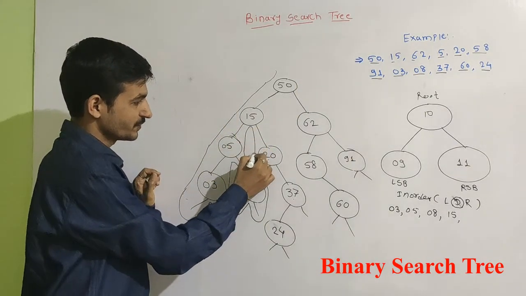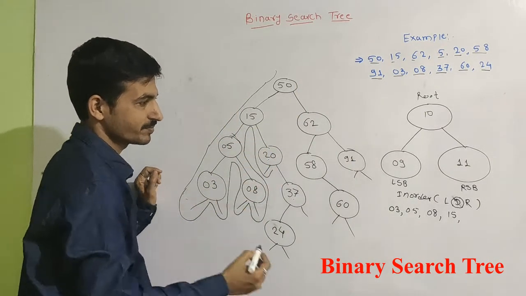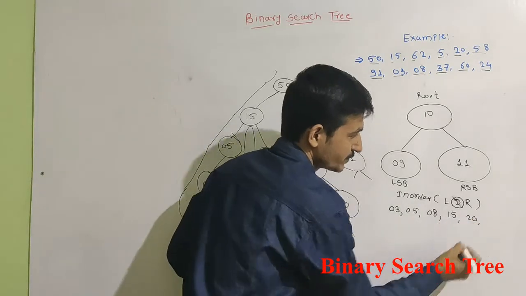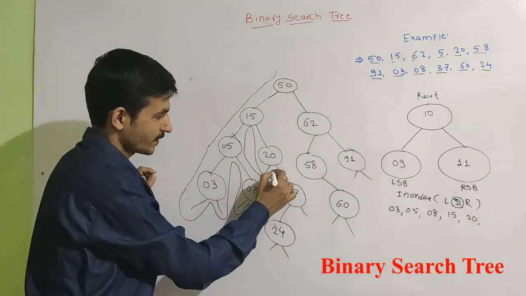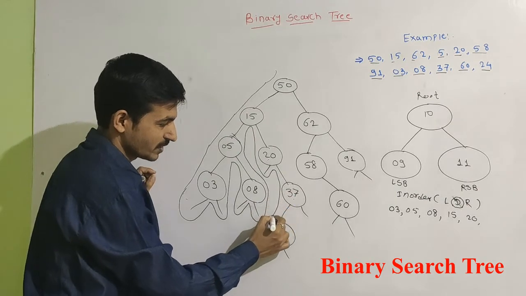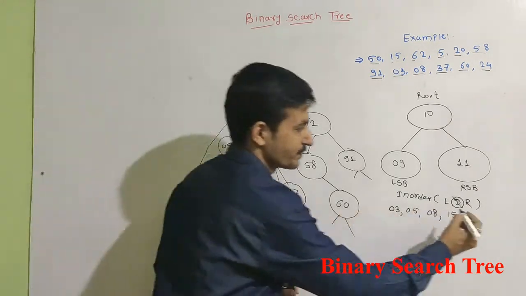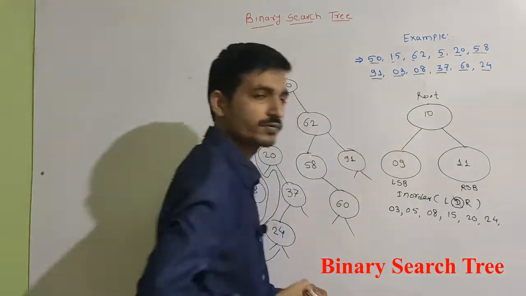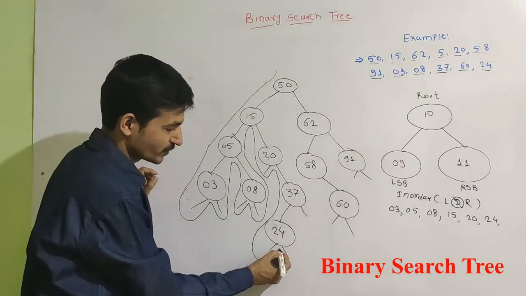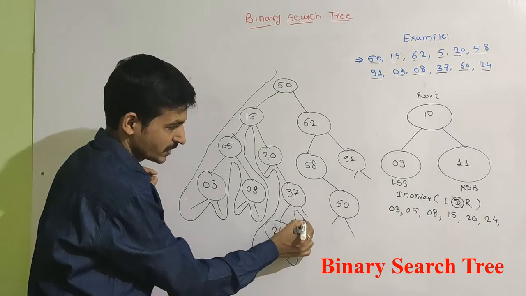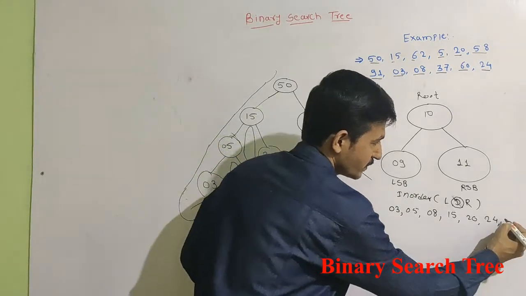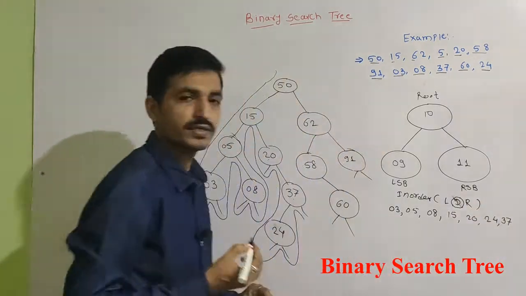Then 20 is the first time, 20 is the second time, so we will write 20. Coming to 37, it is the first time, 24 is the first time, and 24 is the second time. So we will write 24. 24 is the third time, 37 is the second time, so we will write 37 in the output.